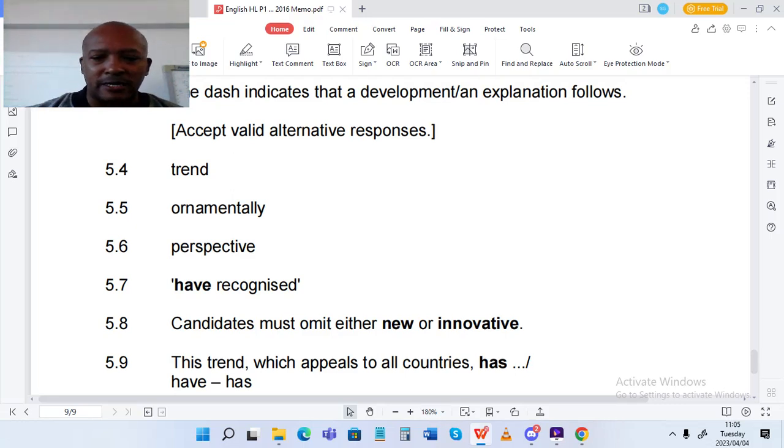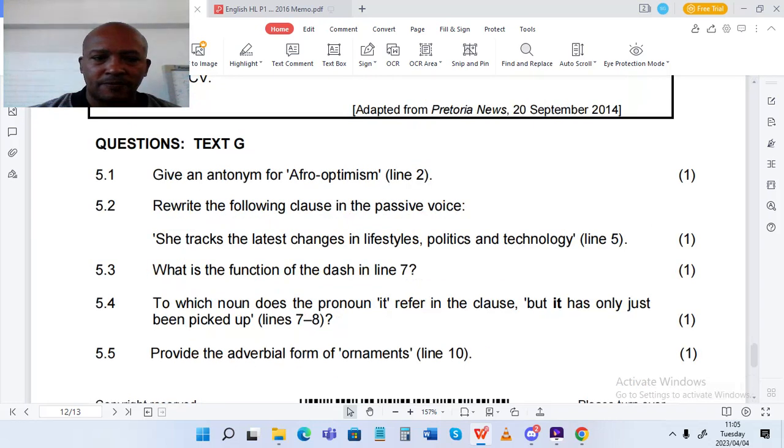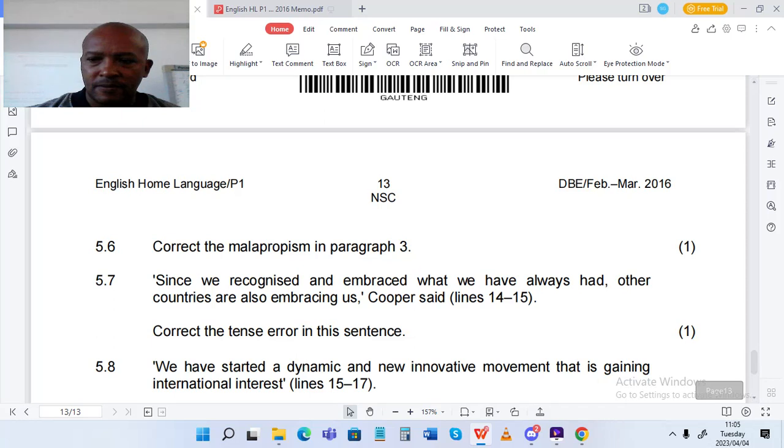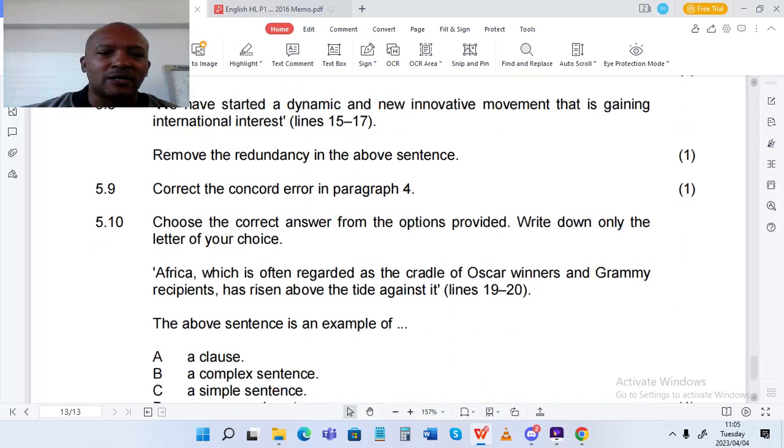Let's go to 5.9, 5.10. Choose the correct answer from the options provided. Write down only the letter of your choice, not the right answer according to you.